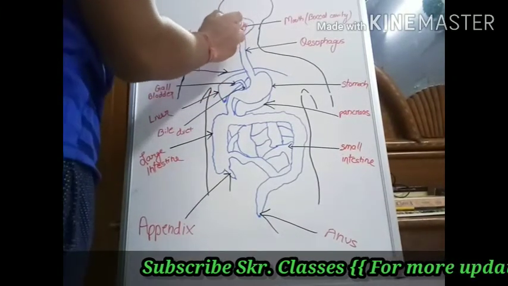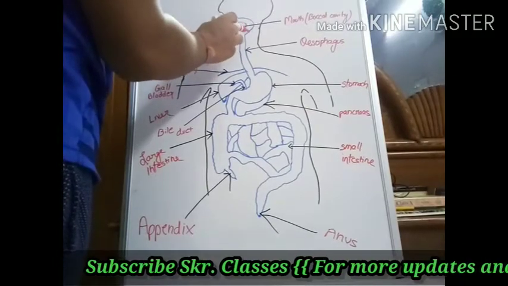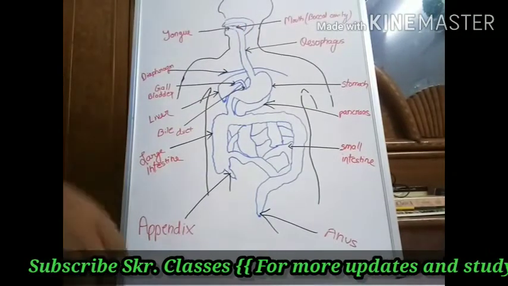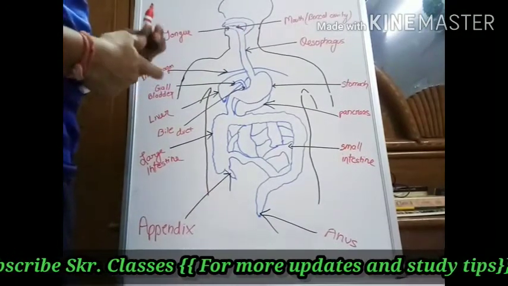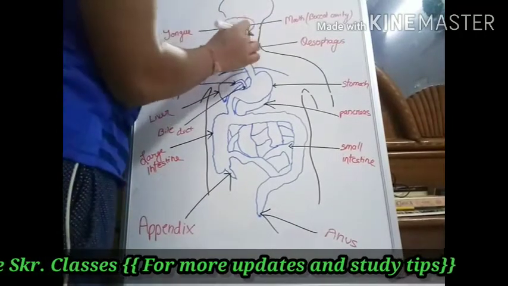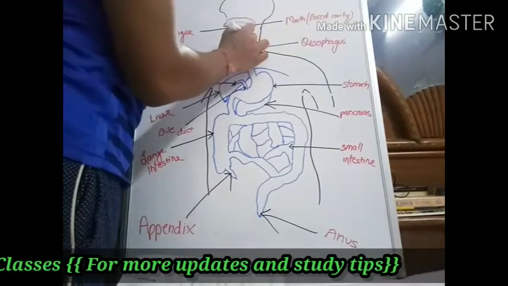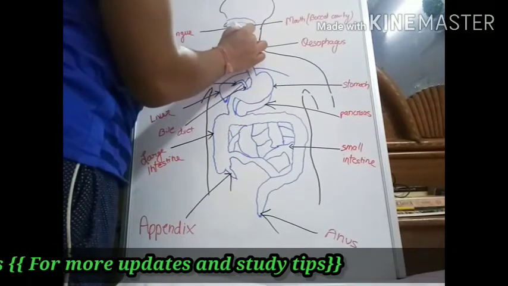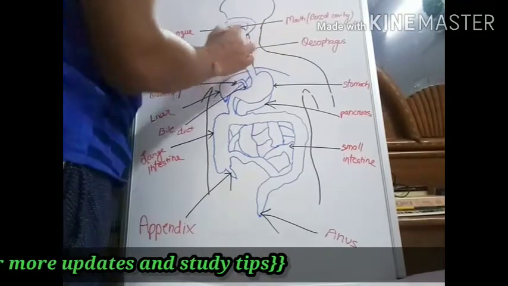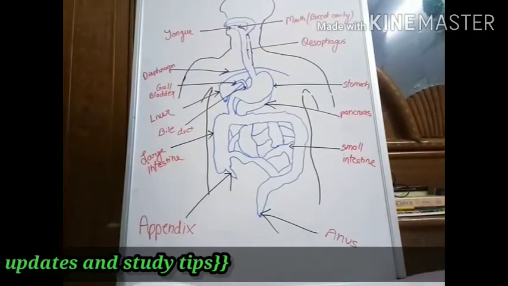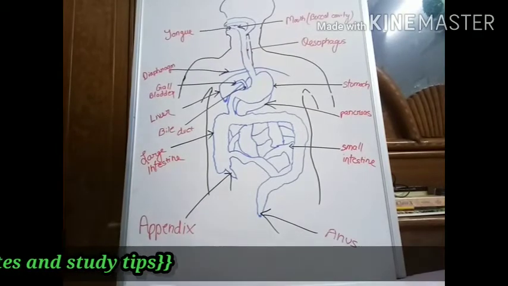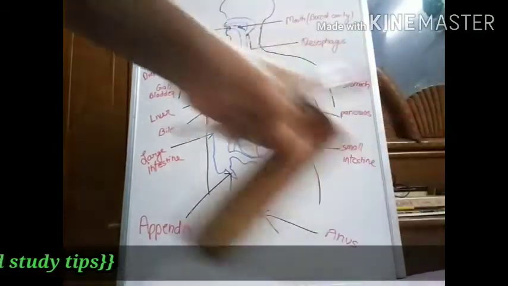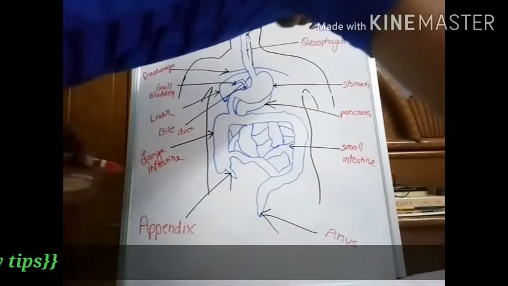Now the oesophagus and trachea have a similar opening. So to stop the food going inside the trachea, the tracheal pipe has a blocking organ known as the epiglottis, which I have not shown in this diagram because this is the digestive system.